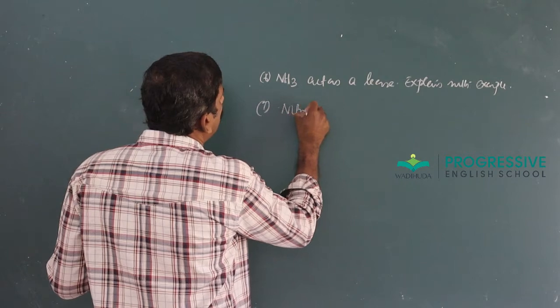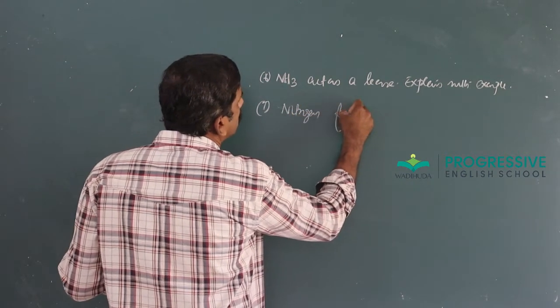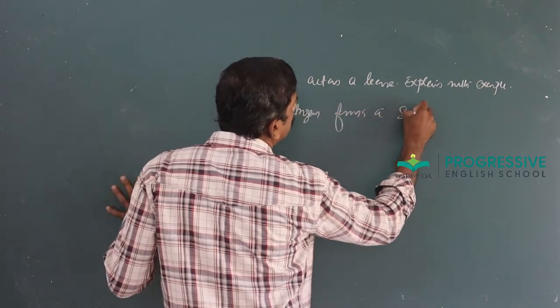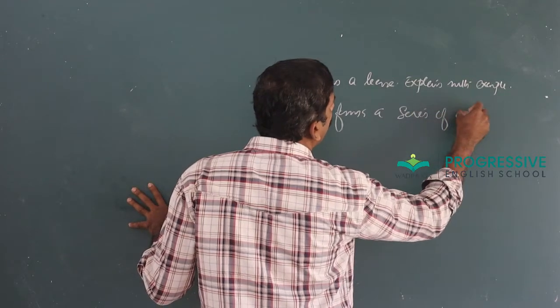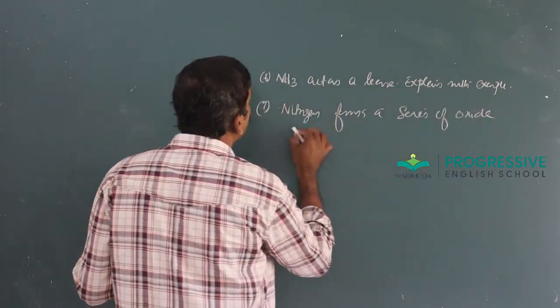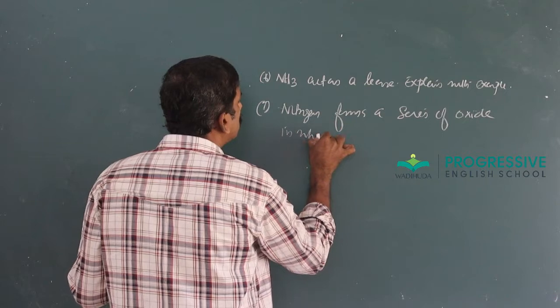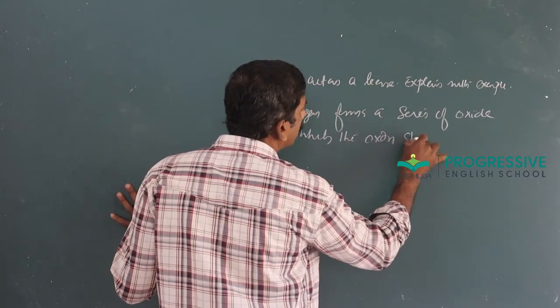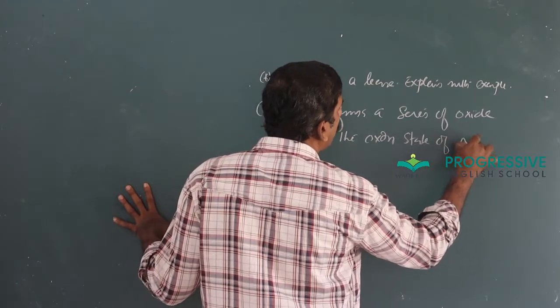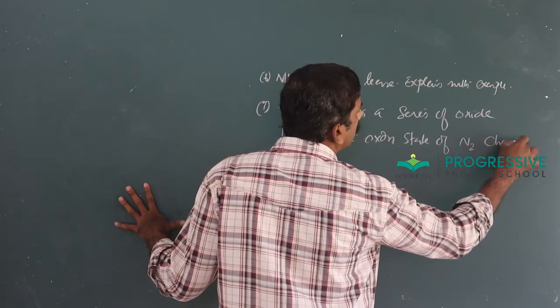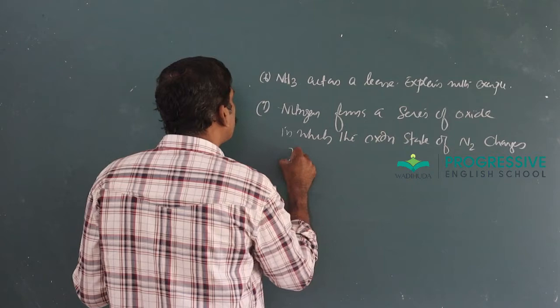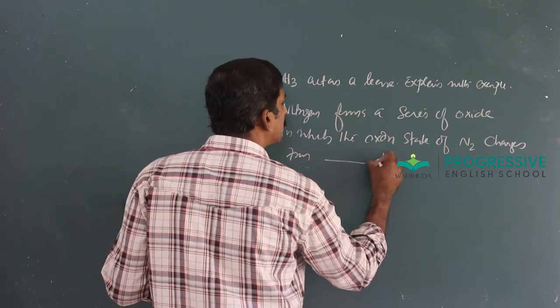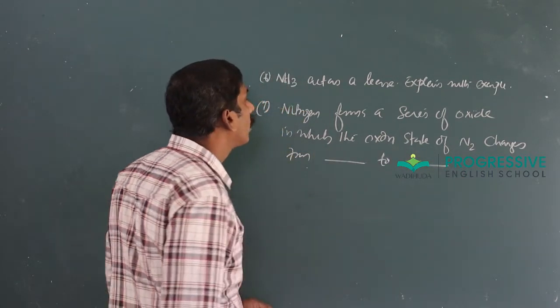Then nitrogen forms a series of oxides in which the oxidation state of nitrogen changes from dash to dash.